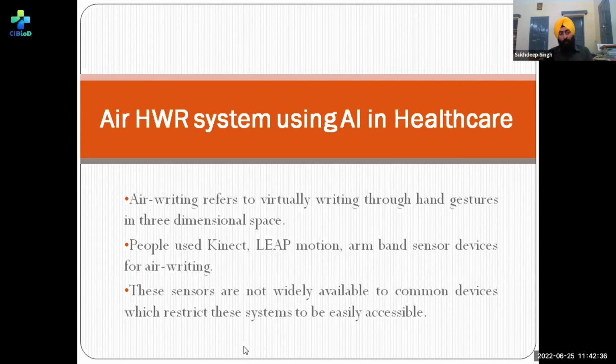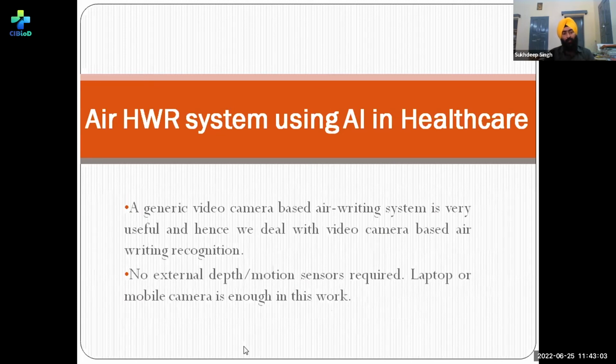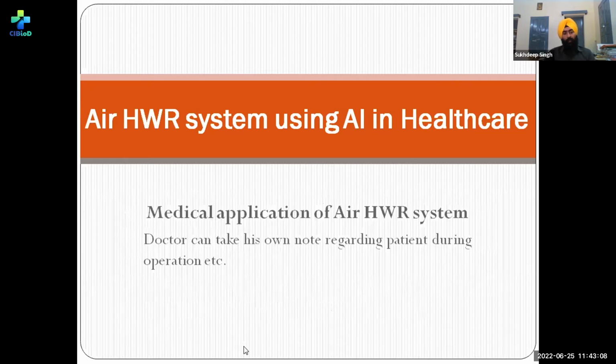So it is only about how to detect the motion of the hand in three-dimensional space, because there will be need of special cameras, and how to mark the starting and ending of text. These things will all be covered in air handwriting. So these things should be considered.